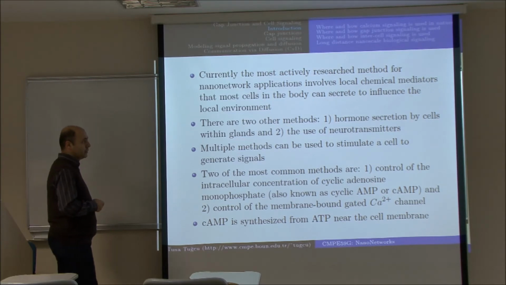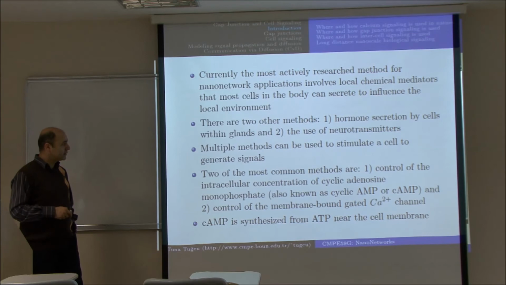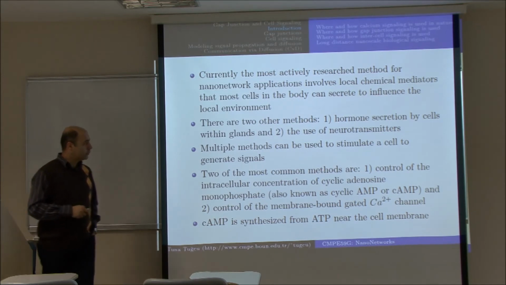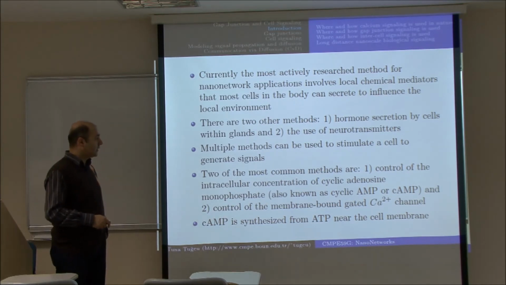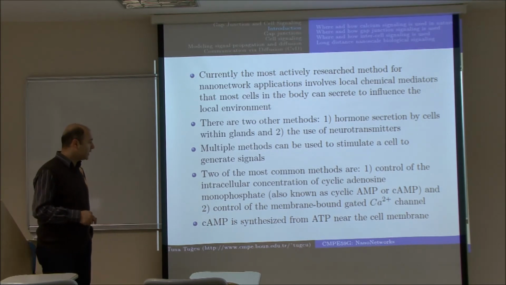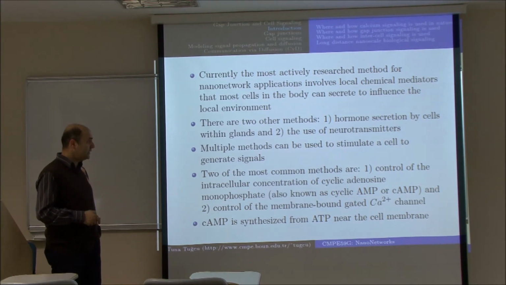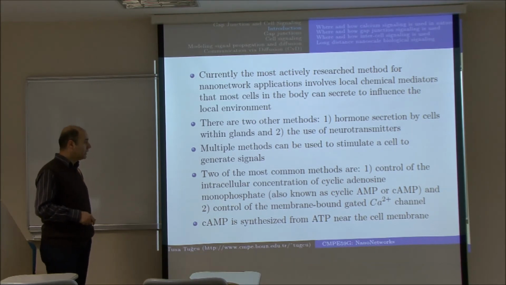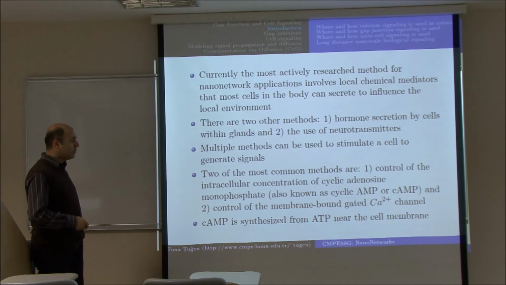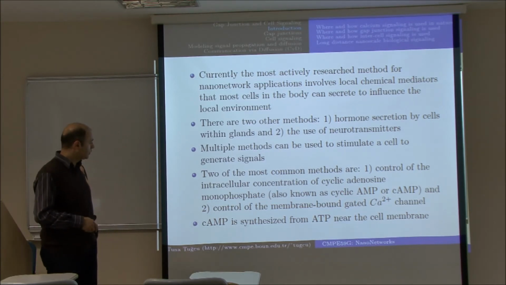Multiple methods can also be used to stimulate a cell to generate these signals. Two of the most common methods are the control of the intracellular concentration of the cyclic adenosine monophosphate, cyclic AMP or cAMP, and the control of the membrane-bound gated calcium channels. We'll be discussing those soon.